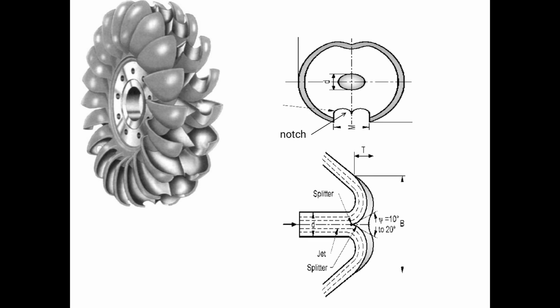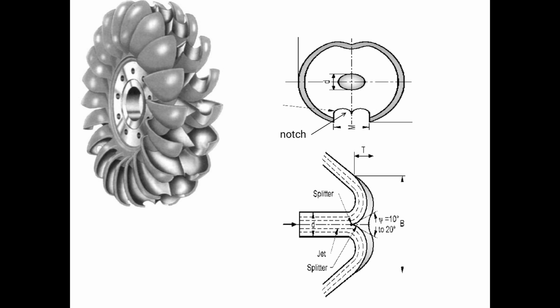This diagram shows the cross section of the bucket. In this case, this is the top view. If you look from the top, you can see the splitter which is in between these two cups or buckets. Whatever jet is coming out of the nozzle, of diameter d, will split into two jets, or two ways, as shown.